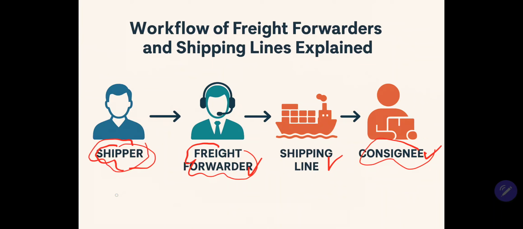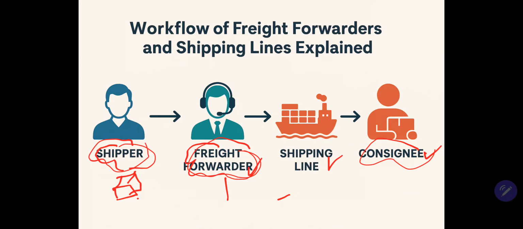Shipper has goods, many goods, and shipping line's job desk is to deliver their goods, and freight forwarder is a middleman between shipper and shipping line.